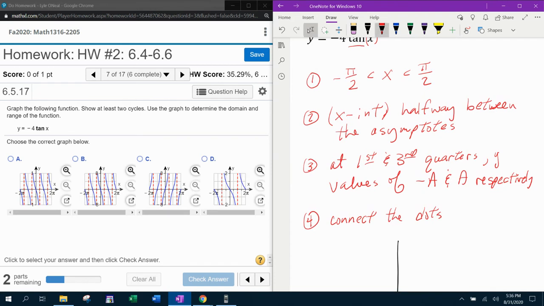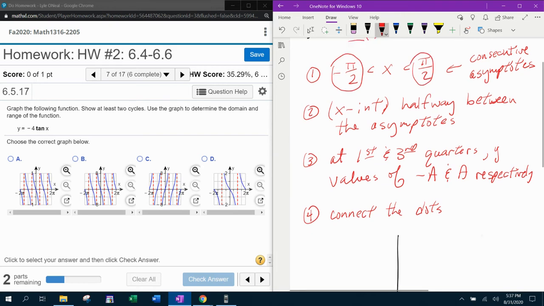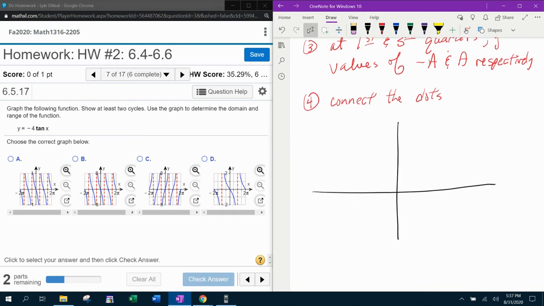Okay, so we know that step number 1 is all about finding consecutive asymptotes. Okay, so at negative pi over 2 and pi over 2, we're going to have vertical asymptotes.